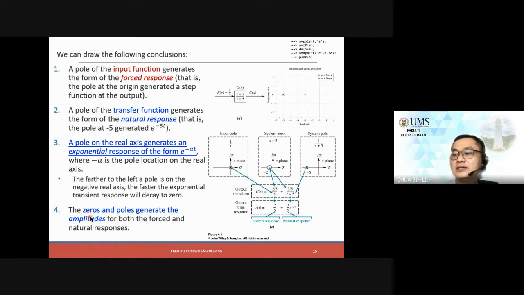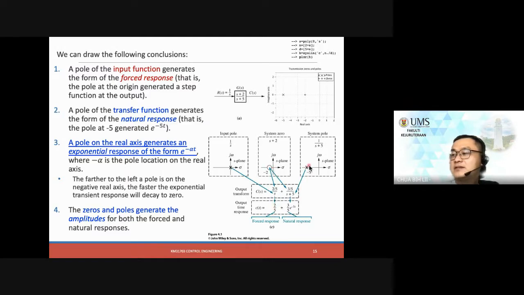Also the zeros and poles will generate the amplitude for both the forced and natural response. From this combination, if there is an input pole, it contributes to the forced response.